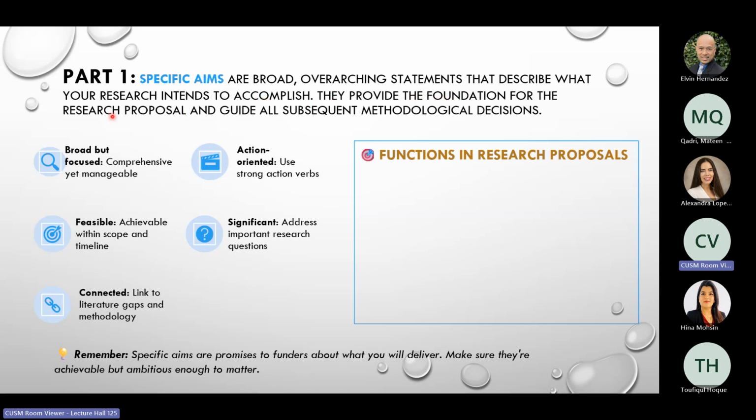They provide the foundation for the research proposal or the research protocol and guide all of your methodological decisions and methodological activities. The specific aim statement is broad and focused at the same time. Broad enough that it encompasses the entirety of your research project, but focused on the activities that you intend to accomplish in your research project.